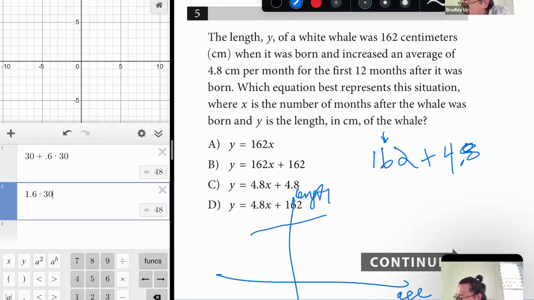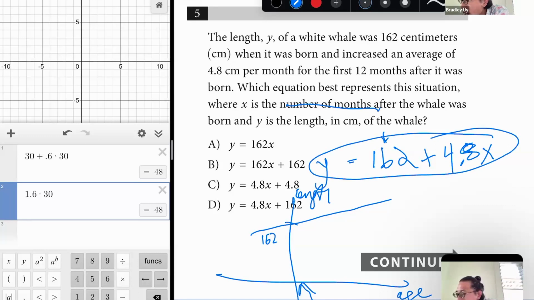It starts at 162 at birth when age is 0, and goes up 4.8 centimeters every month, where x is in months. We're just building this equation, and so the right answer is D.